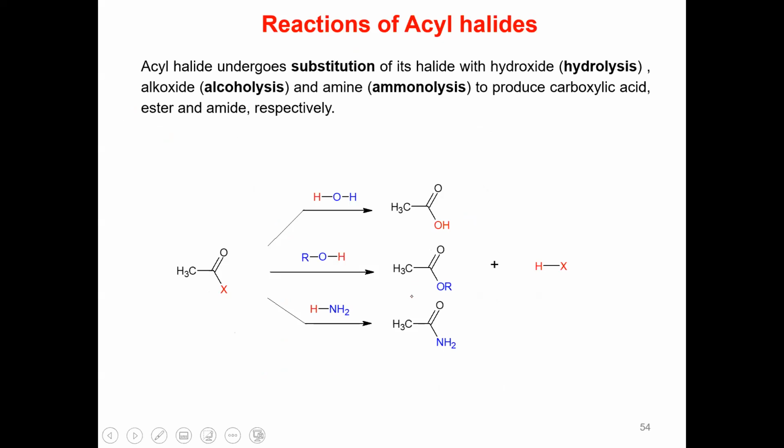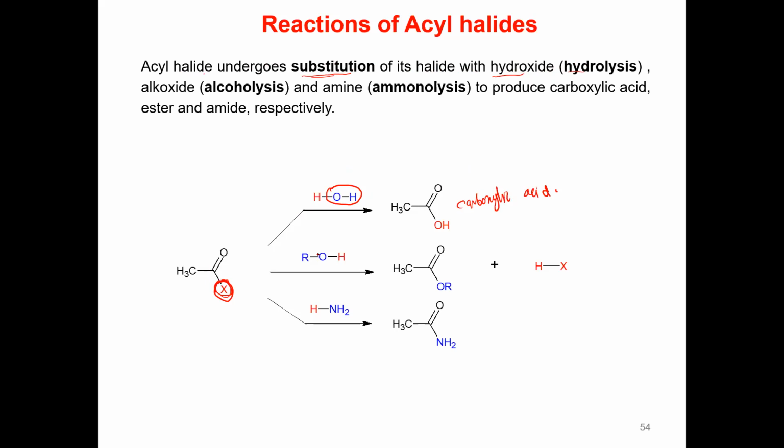Okay, so reaction of acyl halide. Acyl halide undergoes substitution of its halide with hydroxide, hydrolysis. So bila dia react dengan air, this part akan undergo substitution with this hydroxide, with water molecule will produce carboxylic acid.